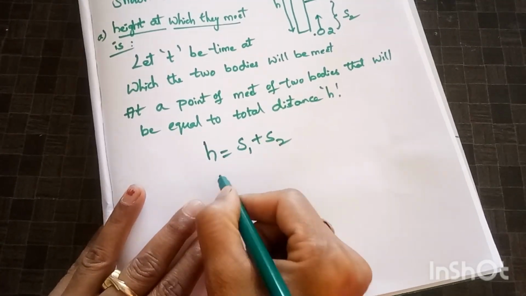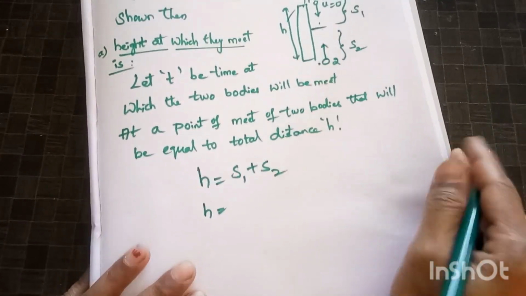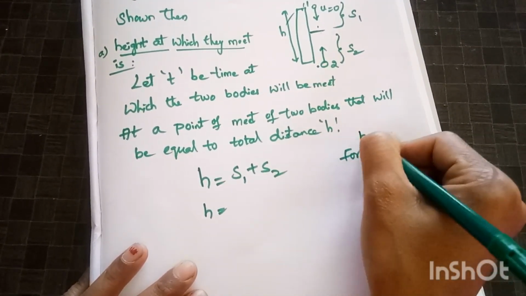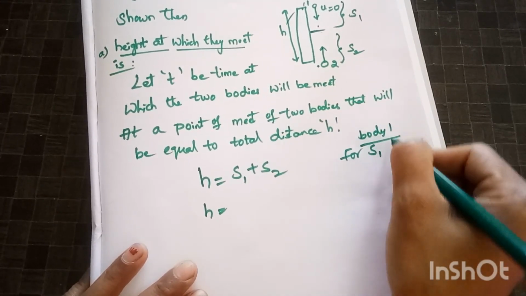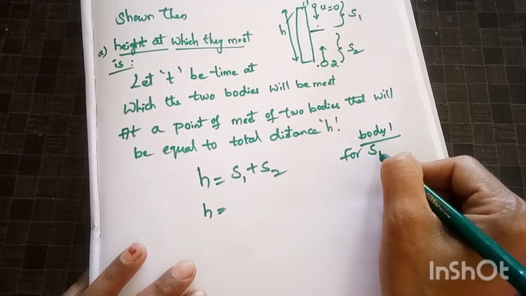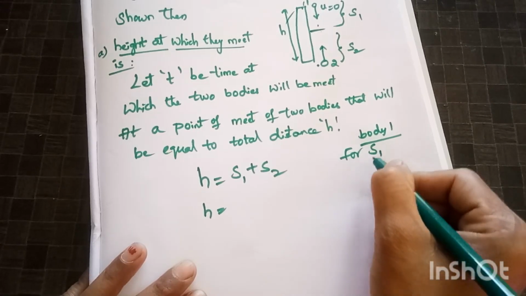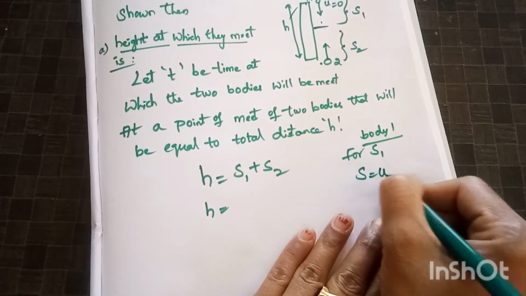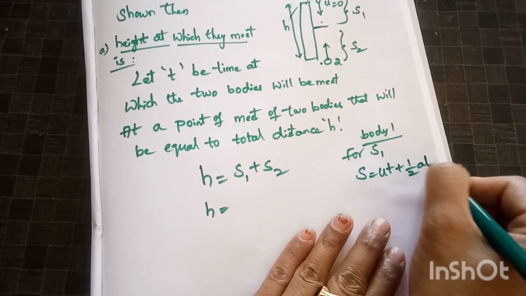Now h is h itself, and for s1, that is body 1, which is freely falling: you know that s equals ut plus half at square.